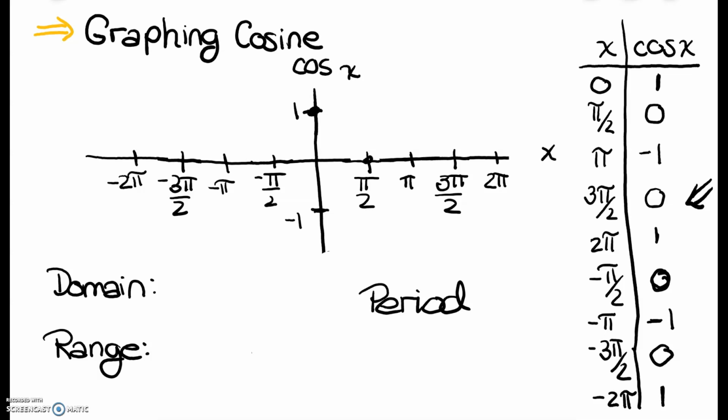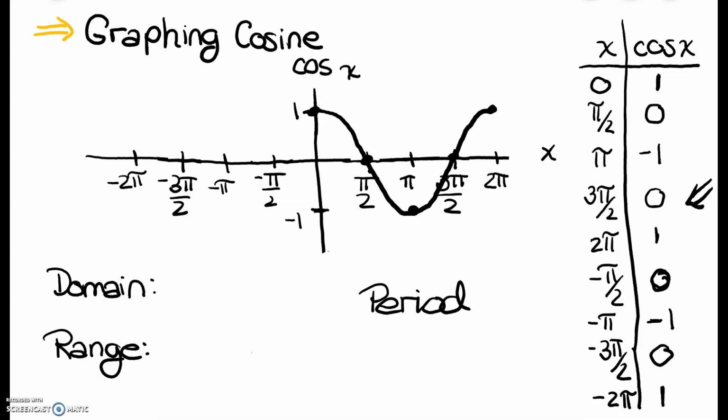At pi over 2 radians, it has a value of 0. At pi radians, it has a value of negative 1. At 3 pi over 2, it has a value of 0. And at 2 pi, it has a value of 1. So now I'm going to draw in my curve, and my cosine function looks like this.